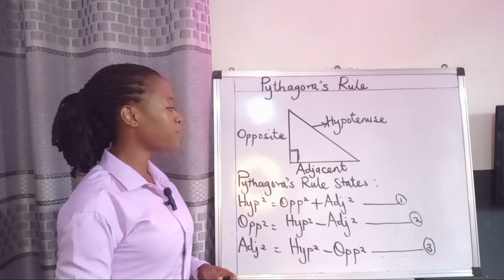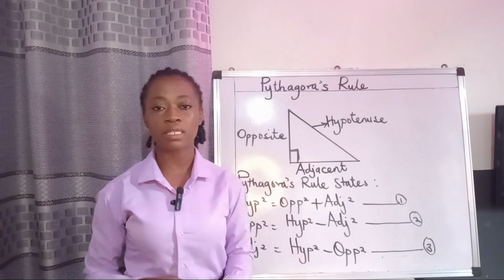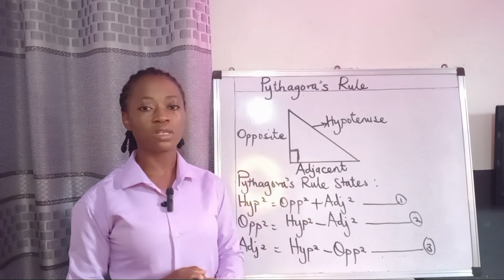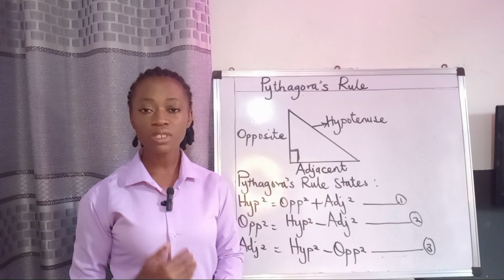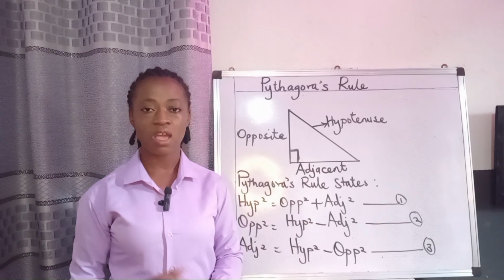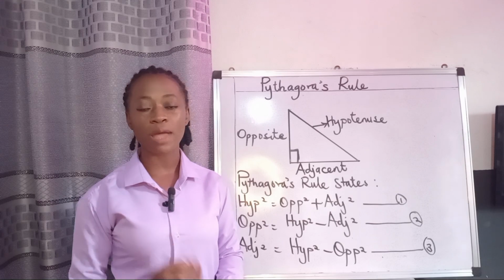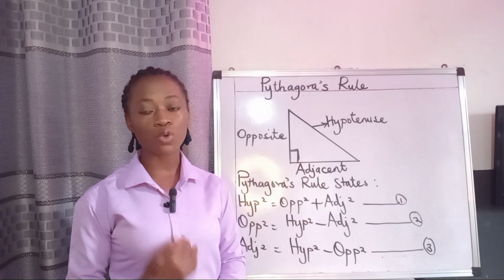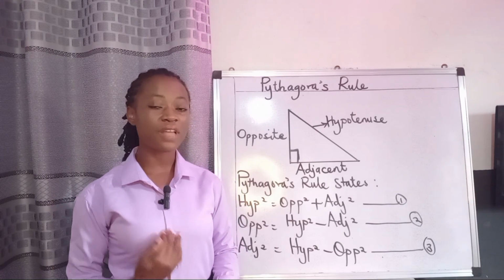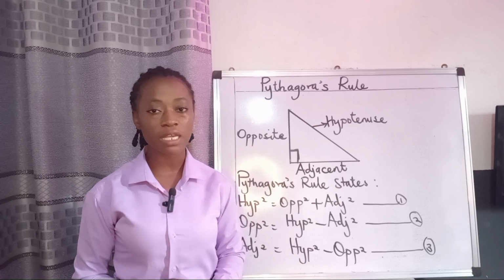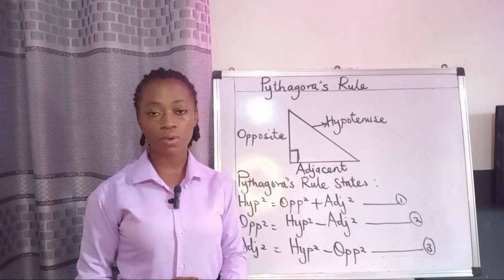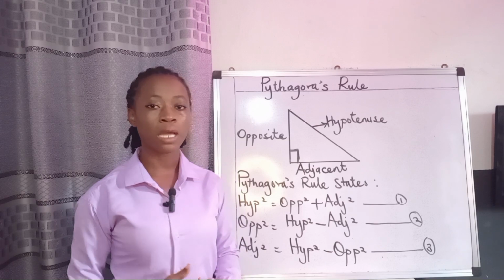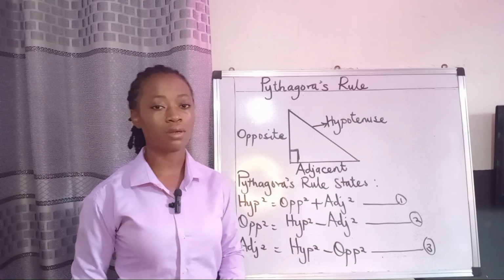So in summary, Pythagoras theorem states that the square of the hypotenuse is equal to opposite squared plus adjacent squared. Then if you're looking for the adjacent, adjacent squared is equal to hypotenuse squared minus opposite squared. Also, if you're looking for the opposite, you simply do opposite squared equals hypotenuse squared minus adjacent squared, right?